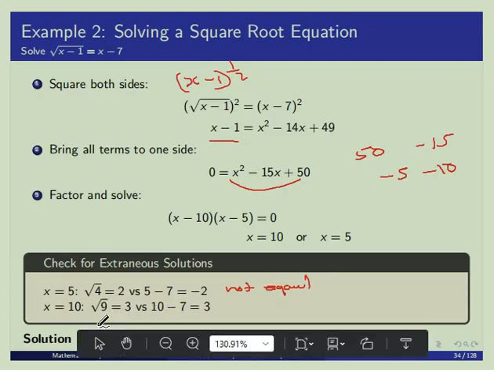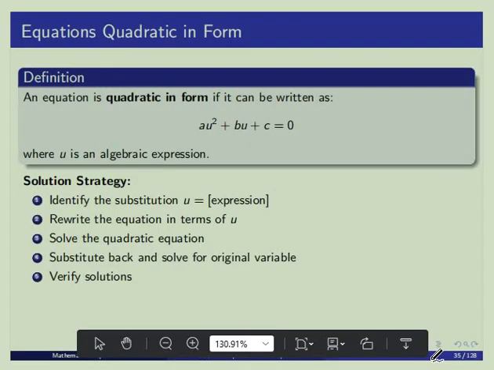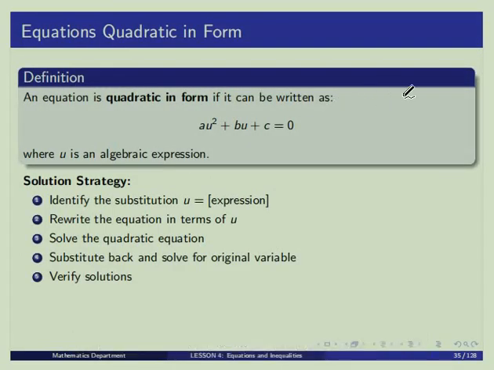You have an extraneous solution. And then you also have x equals 10. For this, 10 minus 1 is 9, square root of 9 is 3, and 10 minus 7 is 3. So this is a real good solution to that problem. It's the only solution to that problem.